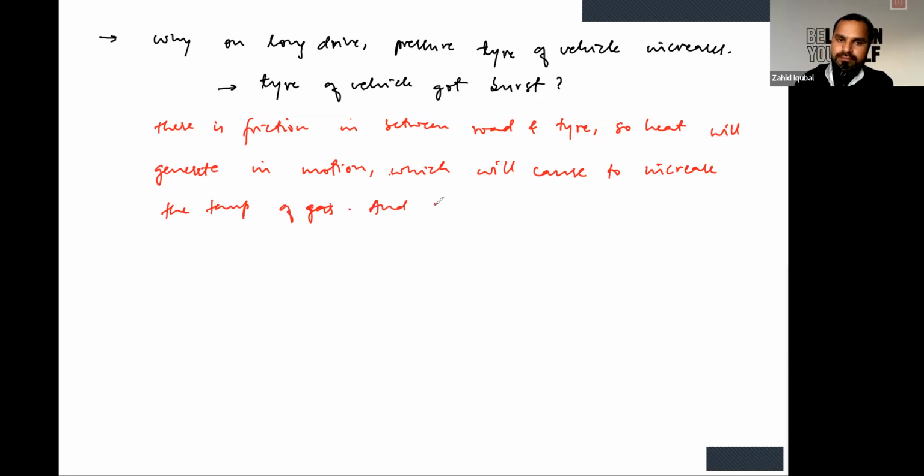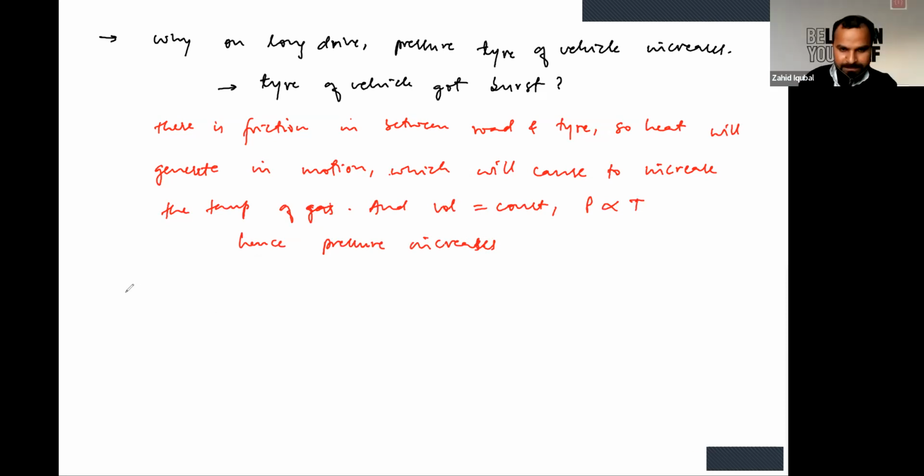And volume is constant, so pressure and temperature are directly proportional to each other. Hence, pressure increases. That's why the tire often gets burst. Is it clear? Yes, sir.